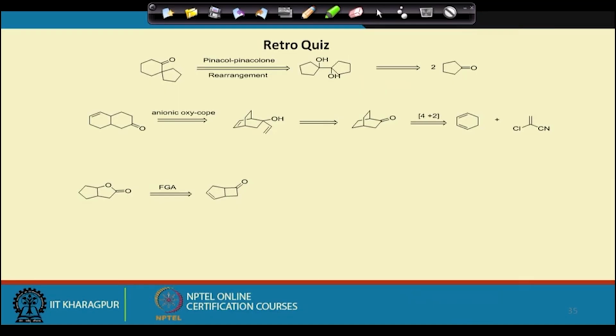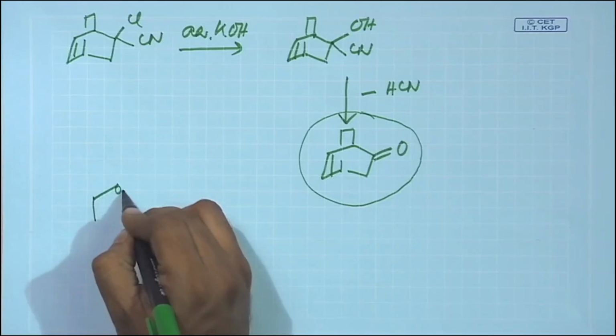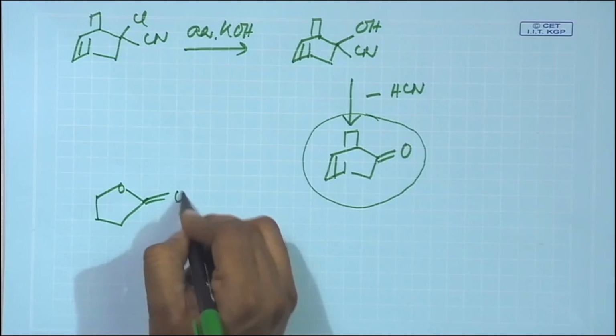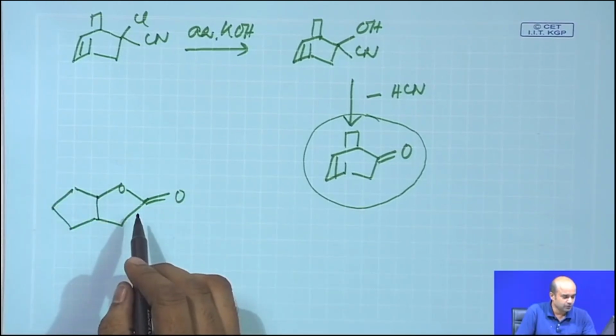So, quiz number 3. You see this is the target molecule, where you can see the structure of this particular compound is basically this. Now, if you do a functional group analysis of the target molecule, it is an internal ester, which is nothing but a lactone.